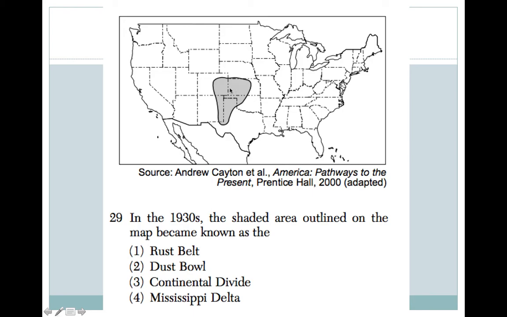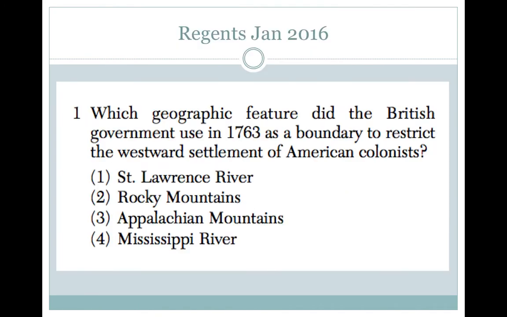And if you know about the Great Depression, you know that the Dust Bowl happened during the Great Plains. So the best answer would be Dust Bowl. Again, they're showing you geography and they're giving you hints with 1930s, Great Depression, and Dust Bowl will be your best answer.